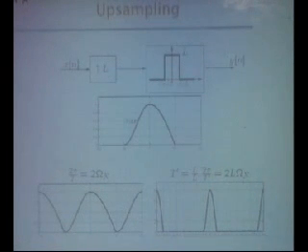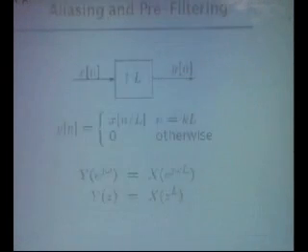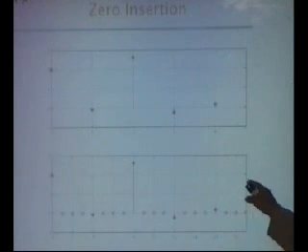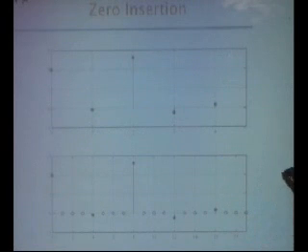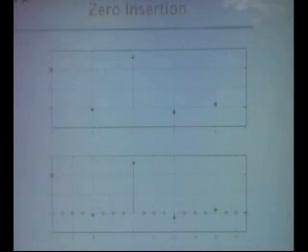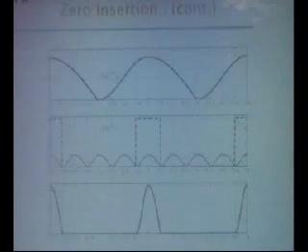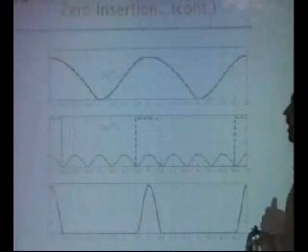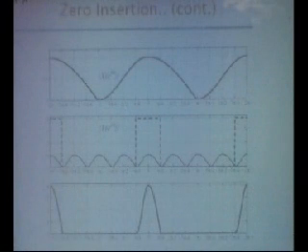And it is done in 2 steps. First, let me tell you this. This is the first step: after every sample, you insert 3 zeros if you are interpolating by 4. If you look at the spectrum, you will find the entire axis will be divided by 4, and the amplitude will not change.